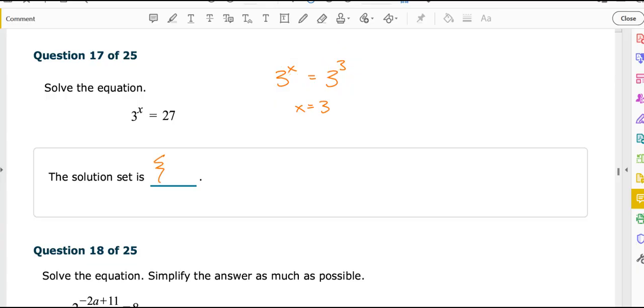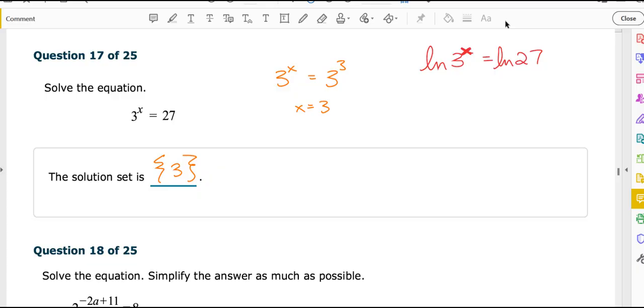Another way to do this is to take the ln of both sides. So you start with 3 to the x equals 27. You take the ln of both sides because the x is in the exponent. If you take the ln of both sides, that x can sprout legs and come out front.